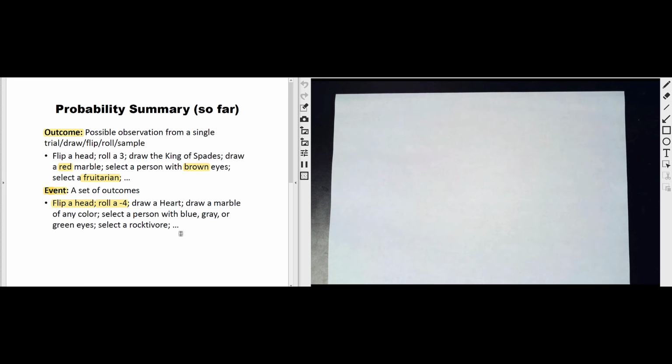If we draw a card from a deck of cards, what is the probability that we're going to draw a heart? Okay, well, there's 52 cards in the deck, assuming we don't have any jokers. And so 1 out of 4 of these cards is going to be a heart. Our probability of drawing a heart is therefore going to be 1 out of 4.